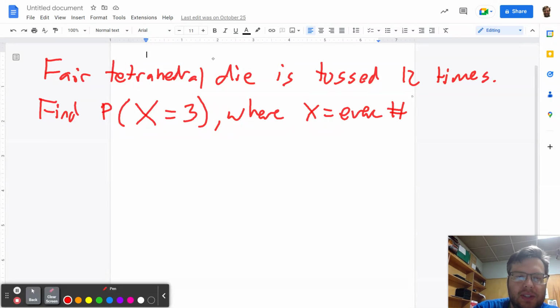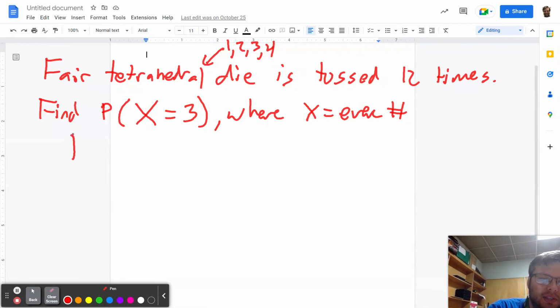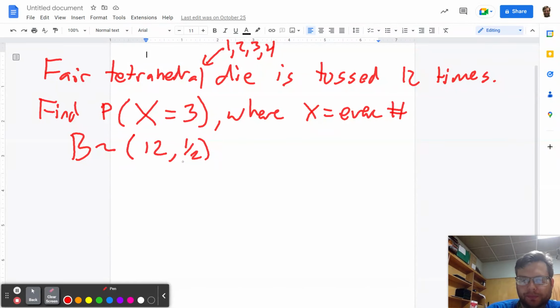And so if I see a tetrahedral die, I'm assuming that means that we've got 1, 2, 3, and 4. And so that means that we've got a probability of getting an even number half the time and an odd number the other half the time. So this is a binomial variable where we have 12 tosses with a 1/2 probability of getting an even number.